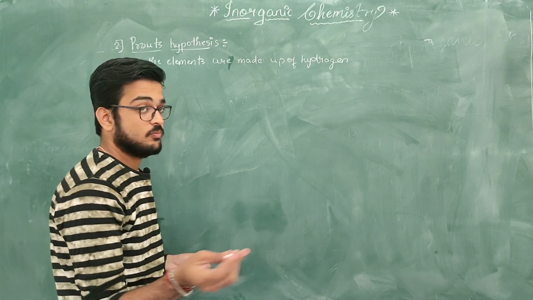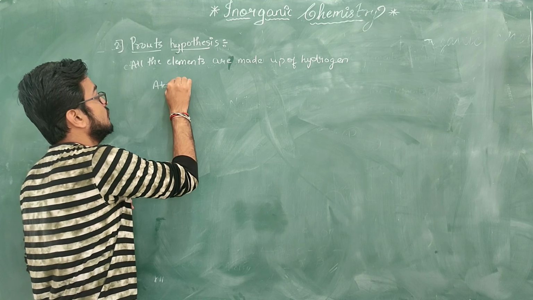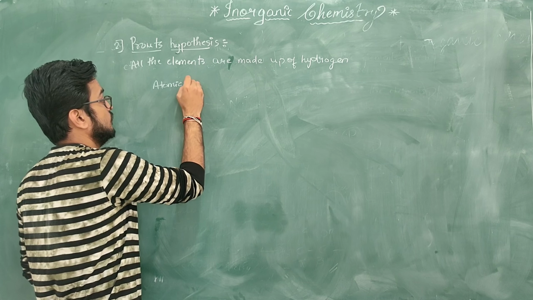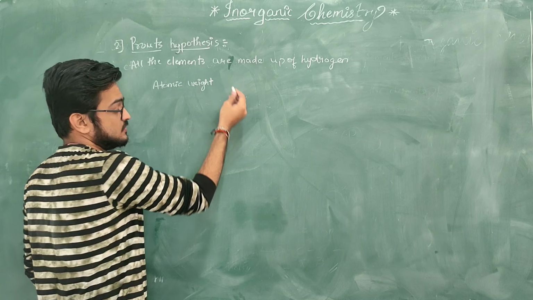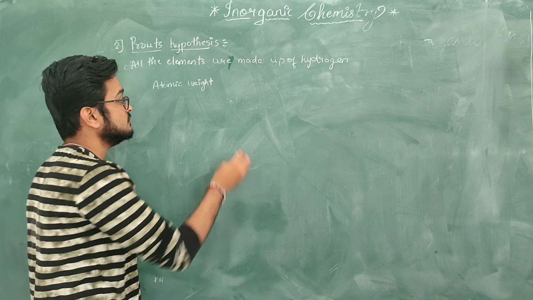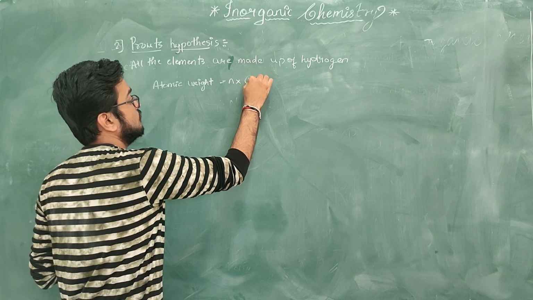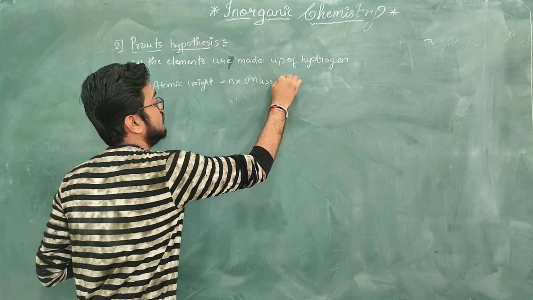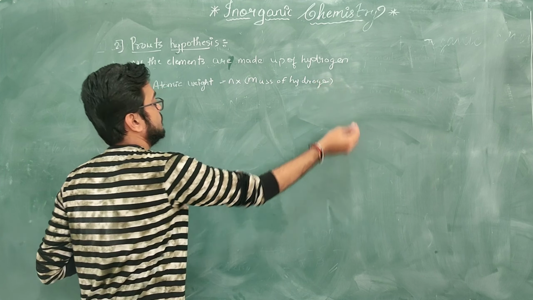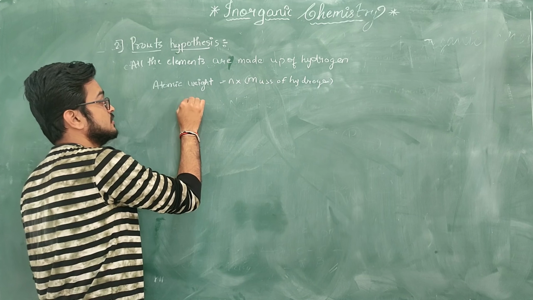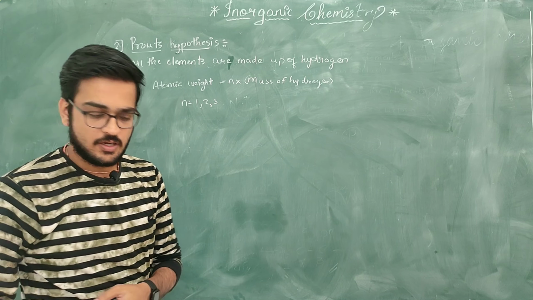He used to say that the atomic weight, or atomic mass, which is one and the same thing, of any element is equal to n into the mass of hydrogen. And what is n here? n is nothing but 1, 2, 3, the natural numbers.